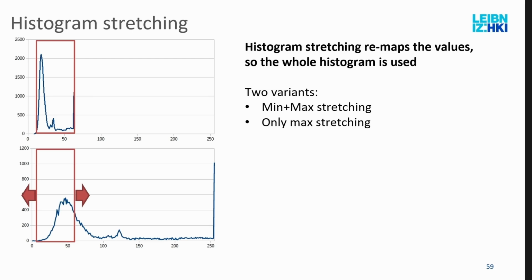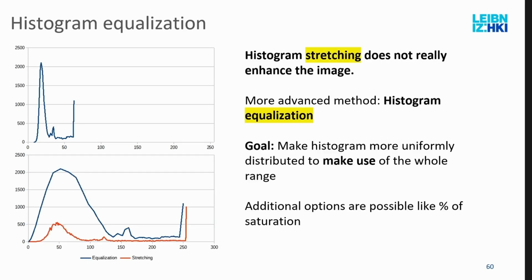You can sometimes say, okay, please keep the minimum at 8 and only expand the maximum to 255, or both. So it would go really from 0 to 255. Depends on your choices and what you need for the further pipeline downstream. But this is very simple and not always successful how you think it does.